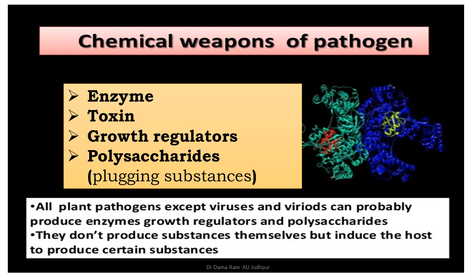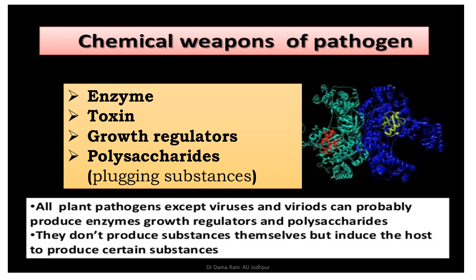So what are the chemical weapons of a pathogen to cause a disease? They are enzymes, toxins, growth regulators, and polysaccharides. Polysaccharides are mainly plugging substances that can hinder or inhibit the translocation of water from root to other parts of a plant.